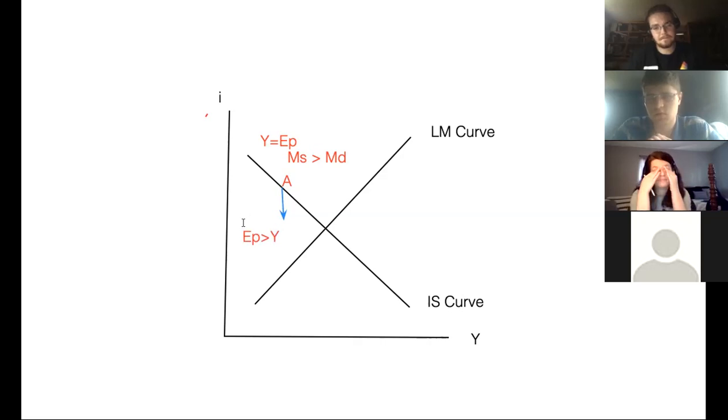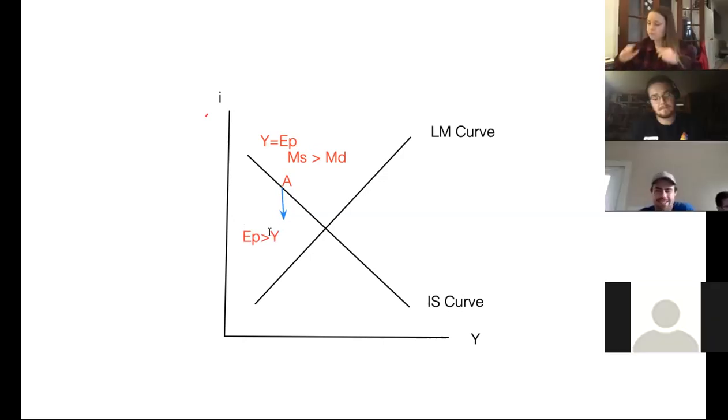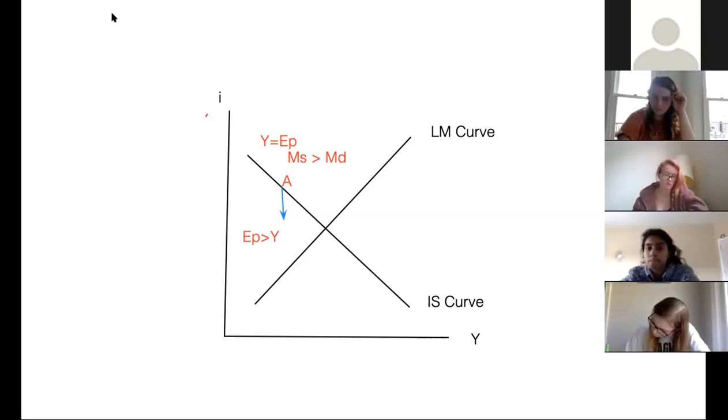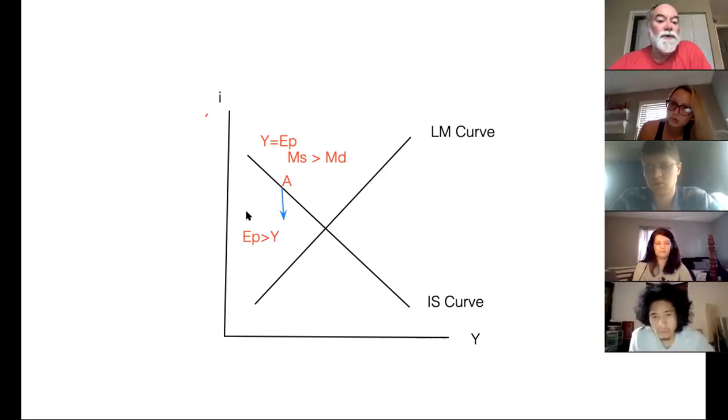Customers are buying at a faster rate than businesses are producing, so inventories would be depleted. Okay, inventory is going to fall, and businesses are going to respond by producing more and hiring more workers. So GDP has to rise at this point.